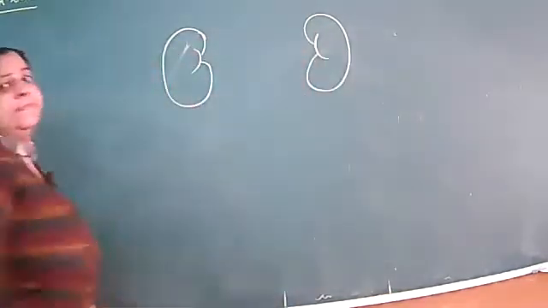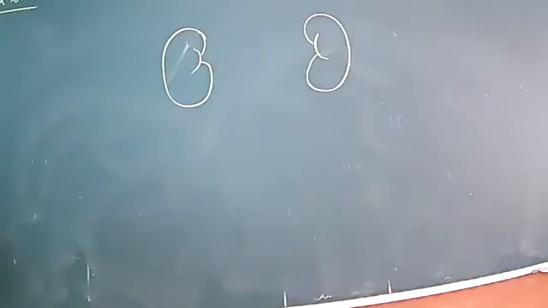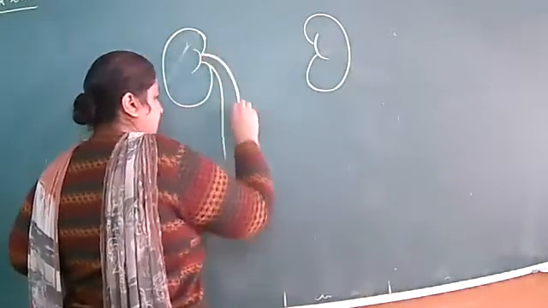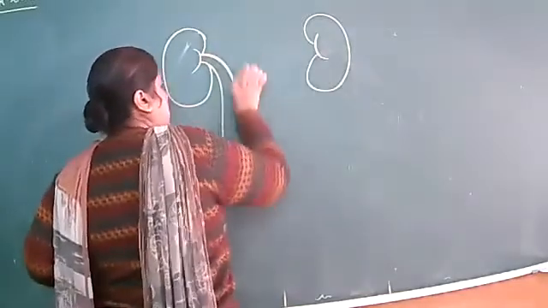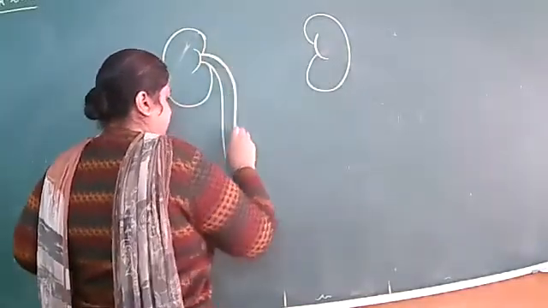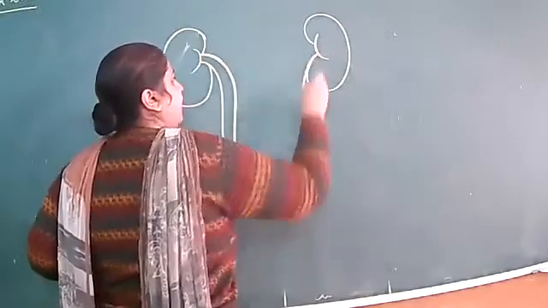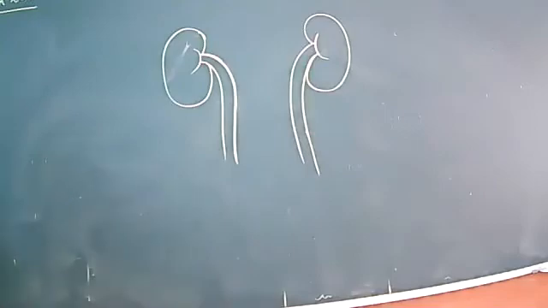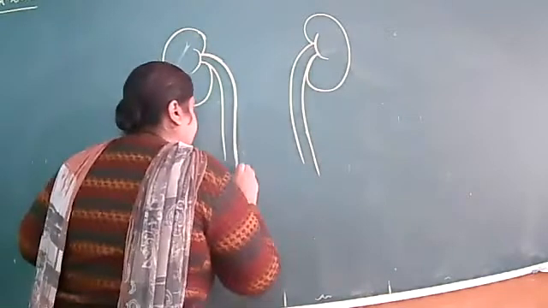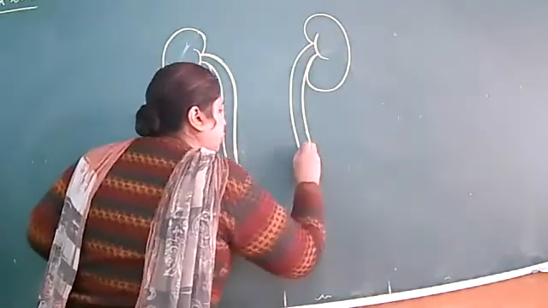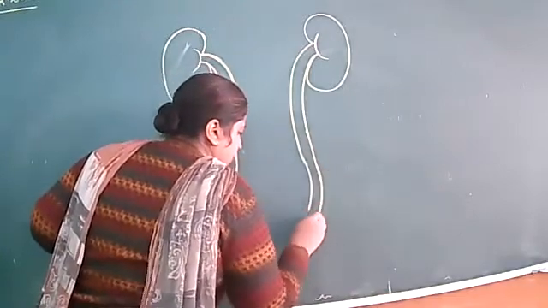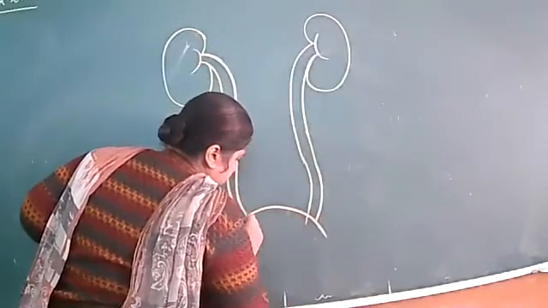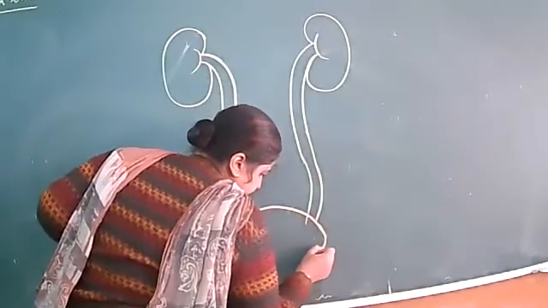Then from here, in the same way from here, these are the tubes that are known as ureters. They open into the urinary bladder.